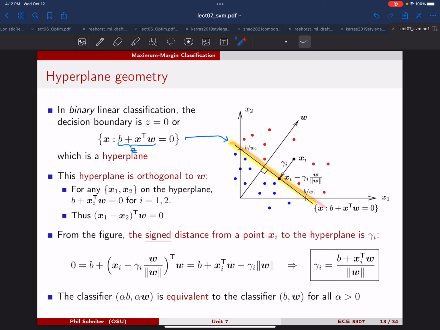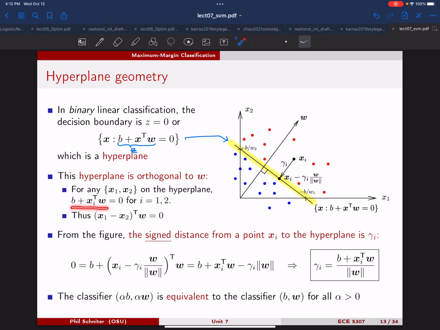It's when we're here. Okay, so the first thing that we noticed is that the hyperplane is orthogonal to our weight vector w. Our weight vector w is here, and what we did is we looked at two points on the hyperplane. We drew a line between them, so that is definitely a line that is parallel to the hyperplane.